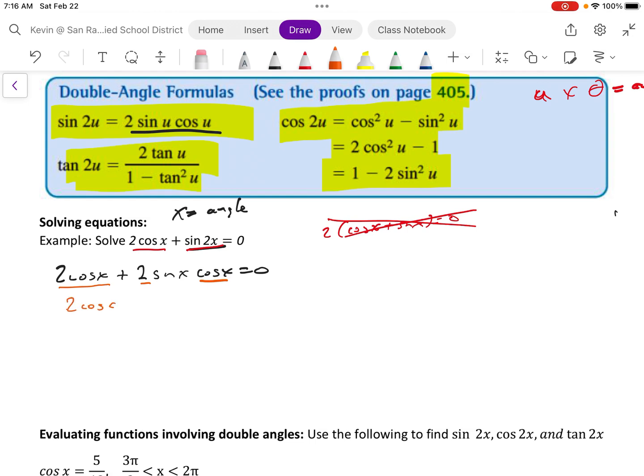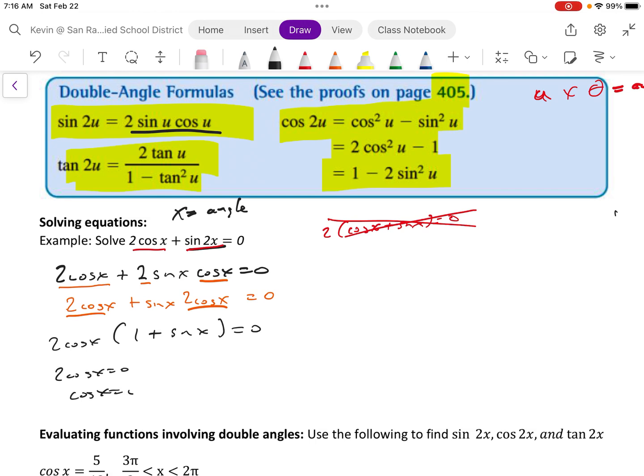Let me do this, just so you can see. This is the same as saying plus sine x times 2 cosine x. Since it's multiplication, the order doesn't matter. So now we do have 2 terms that are exactly alike, and we can factor those out. So we have 2 cosine x, and this is 1 plus sine x equals 0.